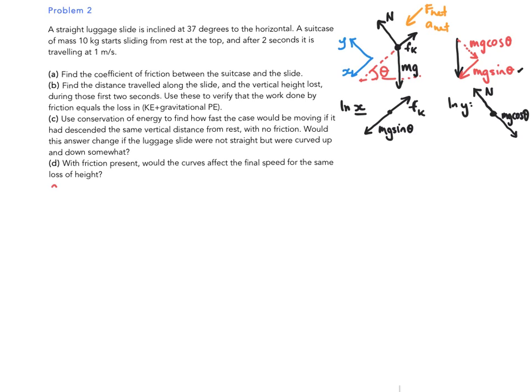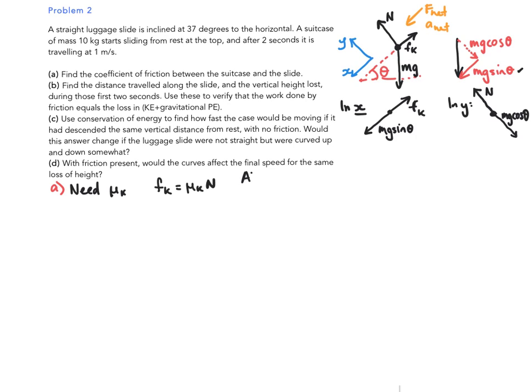So for question A then, we've set up our problem with our force diagrams. We need to find mu k. How are we going to go about that? Well, we're probably going to get it from finding out the friction force, Fk, because we know that that is mu k times N. We don't know N, so we've got two unknowns in one equation, so we're going to have to do a few other things.